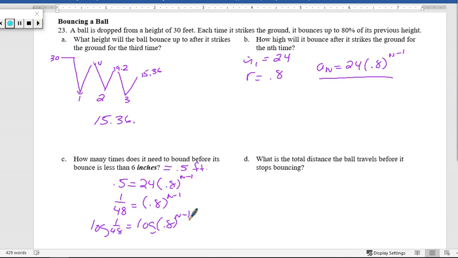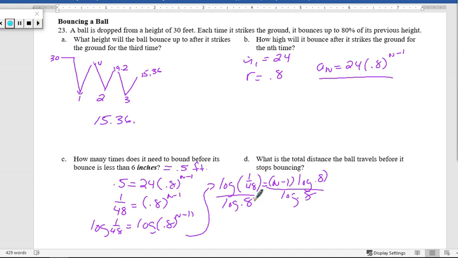The reason I want to do this is now I can move this piece here to the front. So now we're looking at the log of 1 over 48 is equal to n minus 1 times the log of 0.8. I'm going to divide each side by the log of 0.8.